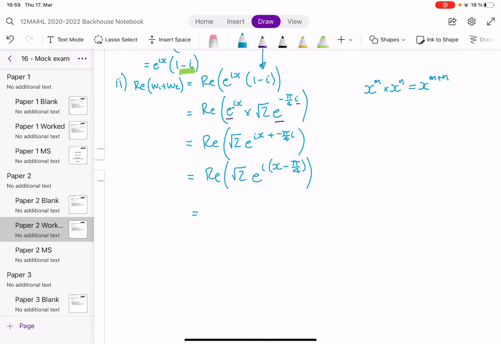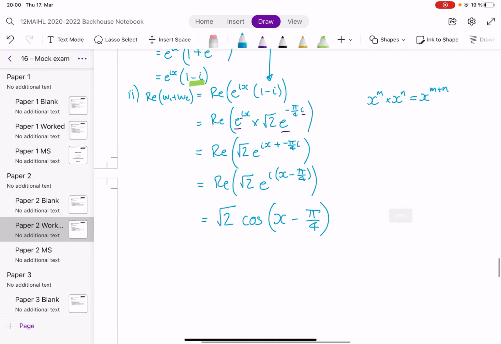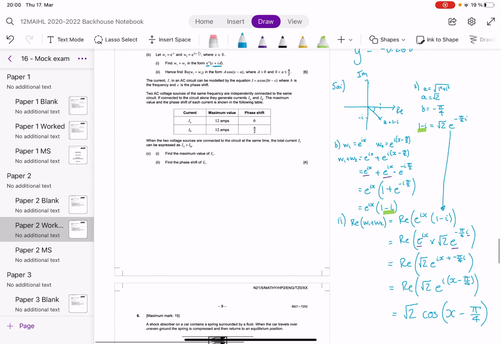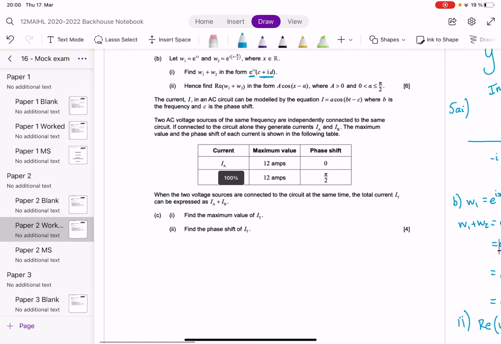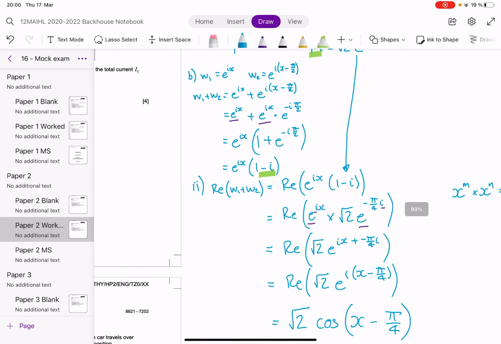It's going to be the same modulus, root 2, times cos of the argument x minus pi over 4. Okay, so now we've used A part 2 in B part 1 to come up with B part 2. So the question's kind of all coming together now. Okay, that is a really key technique to try and learn.